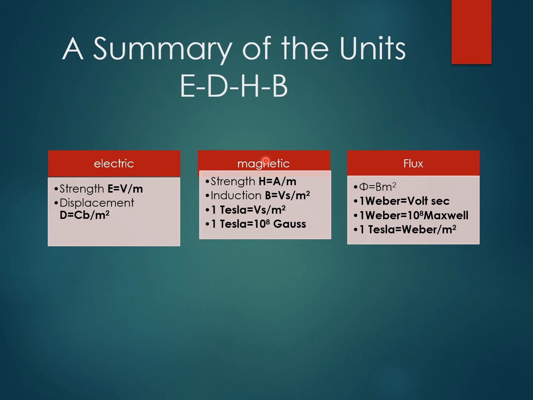In magnetism, the magnetic strength H is ampere over meter, and for the induction is volt second over meter square, where we define 1 Tesla equals volt second over meter square, and 1 Tesla is 10 to the 4th Gauss. As for the flux, we have the Weber, which is volt times second, and 1 Weber is 10 to the 8th Maxwell, and 1 Tesla is Weber over meter square.